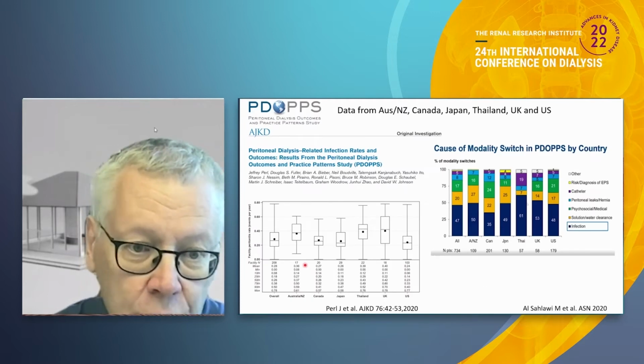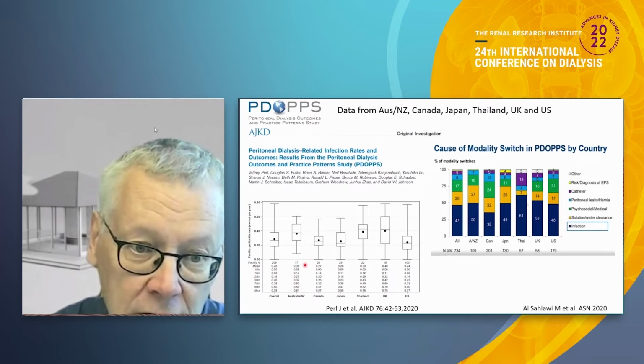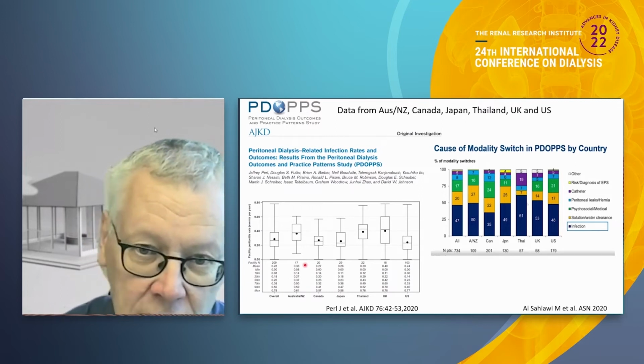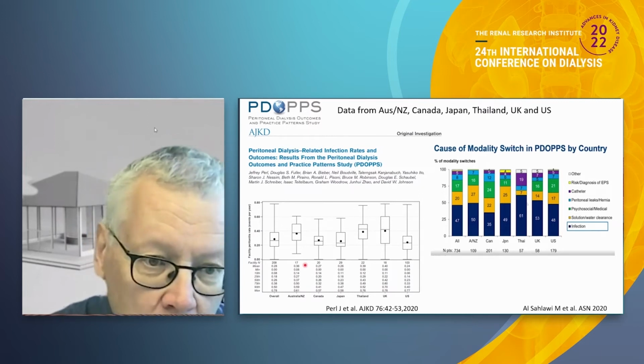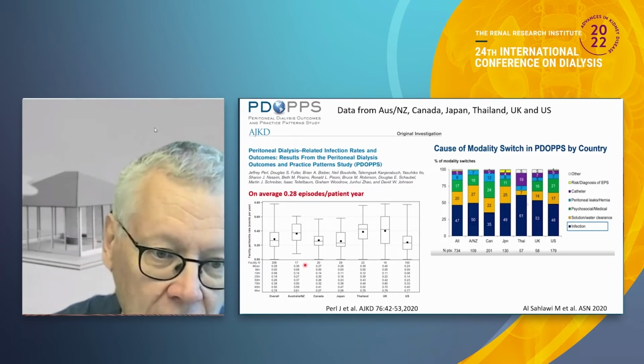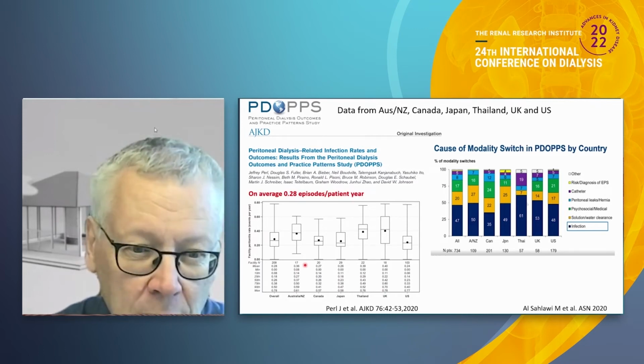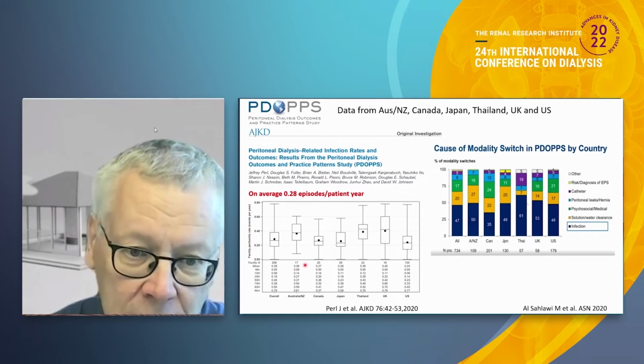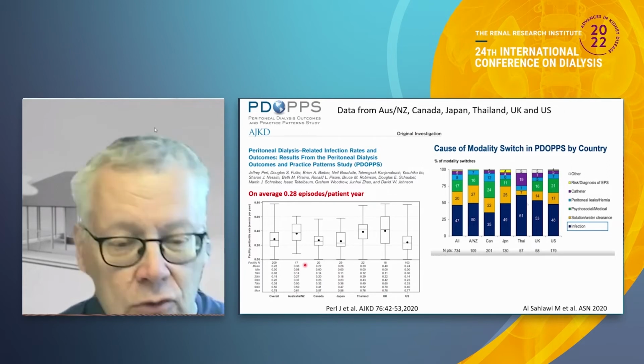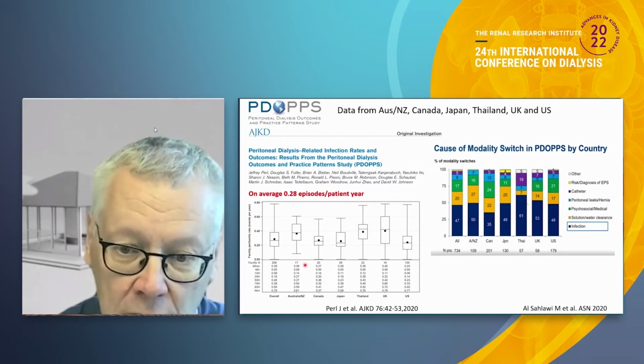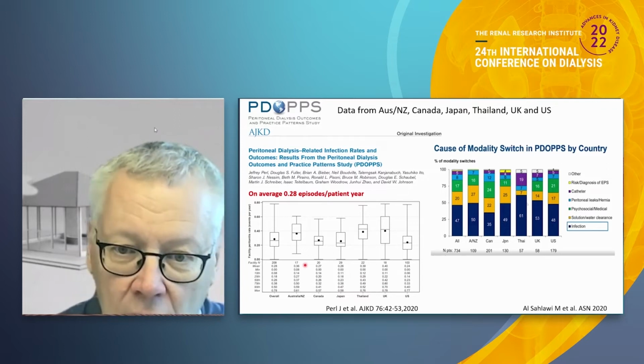When we look at how frequent peritonitis is, we can see data from the PDOPPS, which are data from 6 different countries and centers. On average, the risk of peritonitis was about 0.28 episodes per patient year. That's a little less than 1 episode in 3 years for each patient.